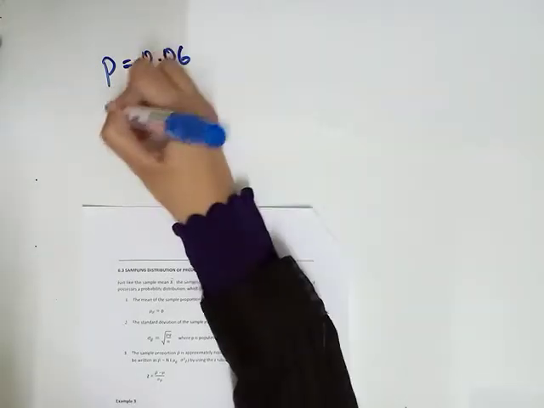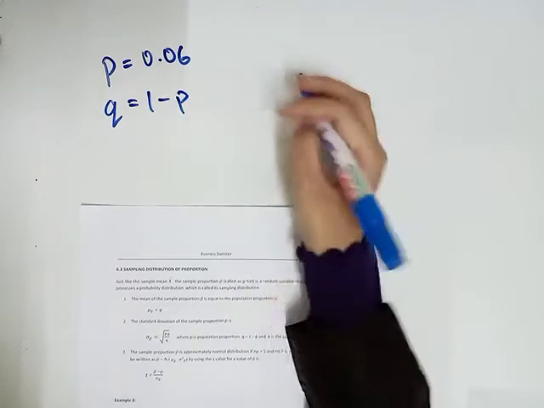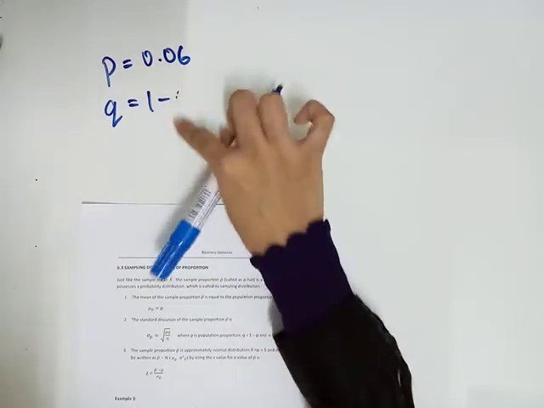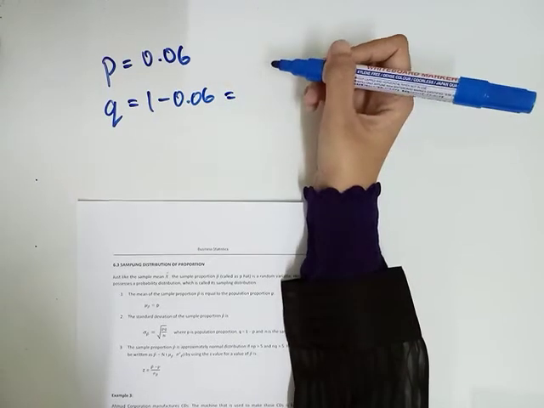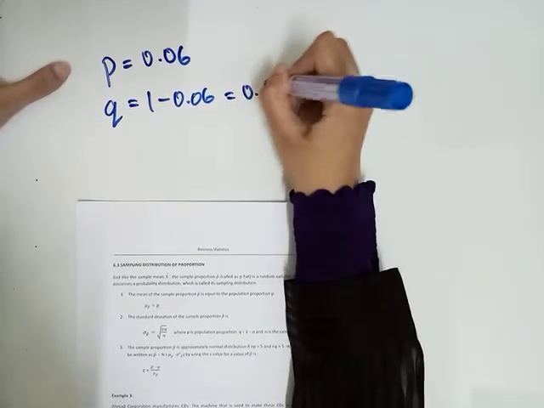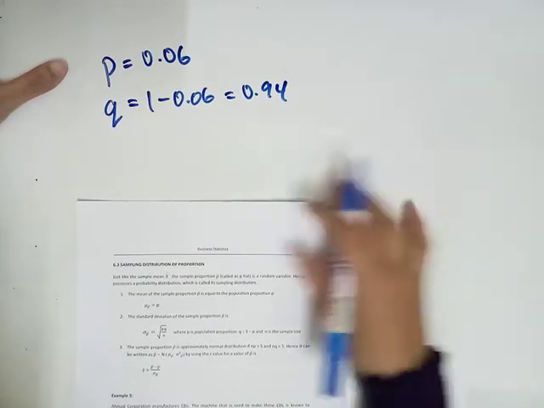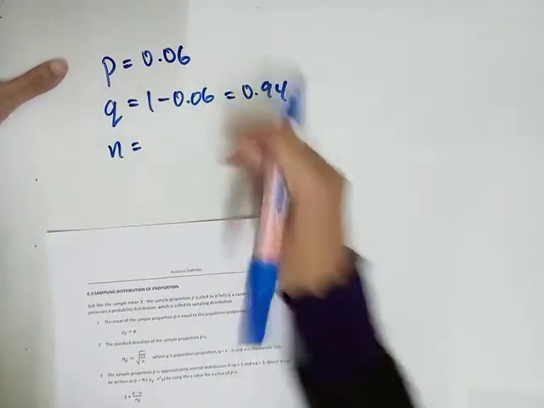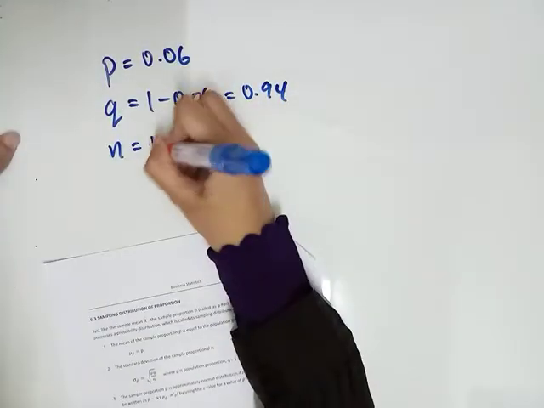And then how to get Q? 1 minus P. We know that P is 0.06, so the value for Q is 0.94. And then N ni berapa? Sample size dia 100.